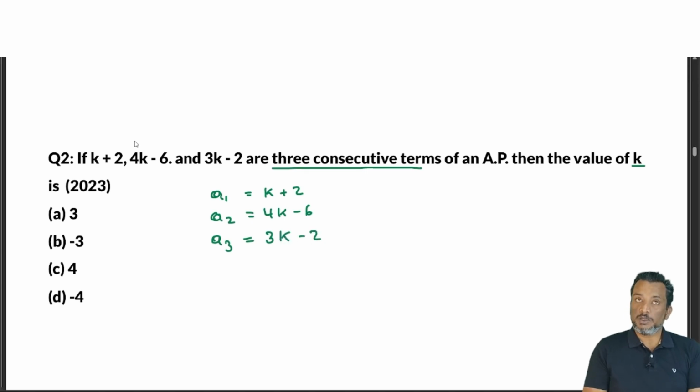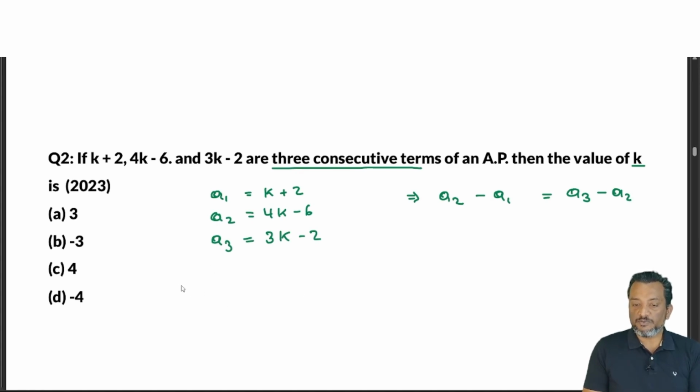Hope you're getting. Now if it is in AP, their common difference is equal, so we can say a2 minus a1 is equal to a3 minus a2, which means their common differences are equal.